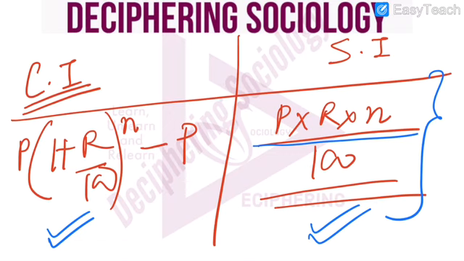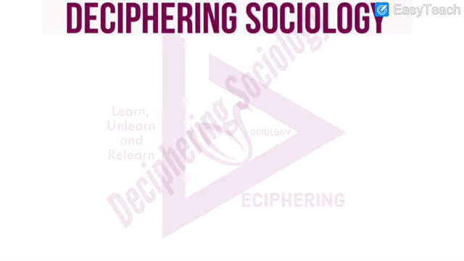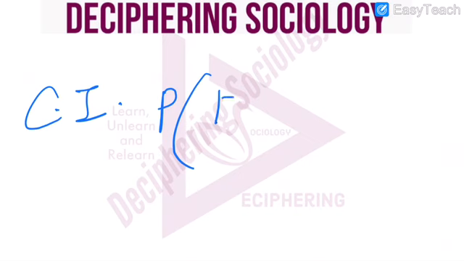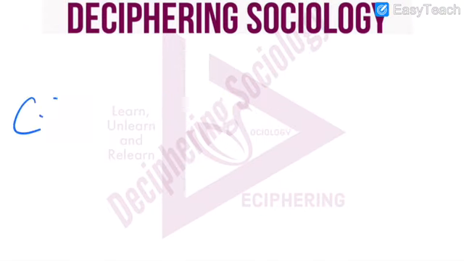But in compound interest, for every year we are calculating the new principal as P old plus the new interest. So this is why the formula gets changed, and we come to a new formula of compound interest, which is P into 1 plus R by 100 to the power n minus P. Now if you have different rates of interest, then it will change.